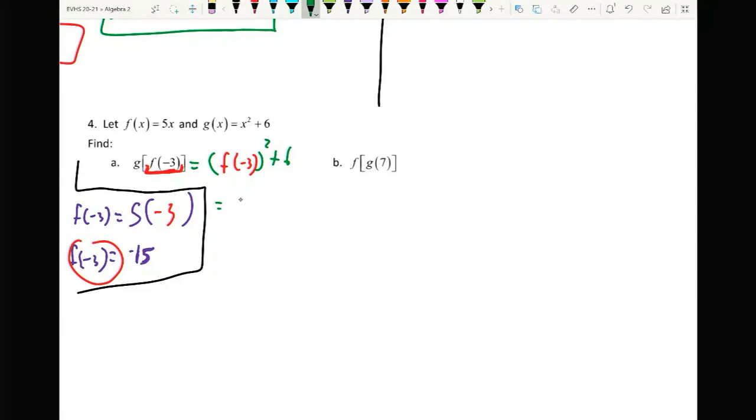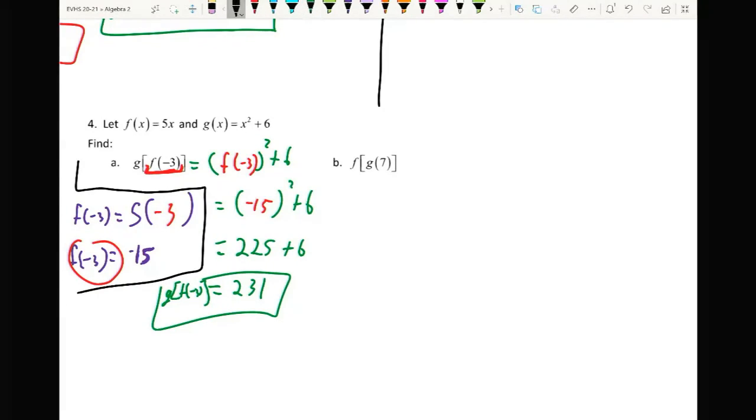So I can simplify this down and just do negative 15 squared plus 6. So negative 15 squared is 225 plus 6. 225 plus 6 is just 231. So g of f of negative 3 is 231.